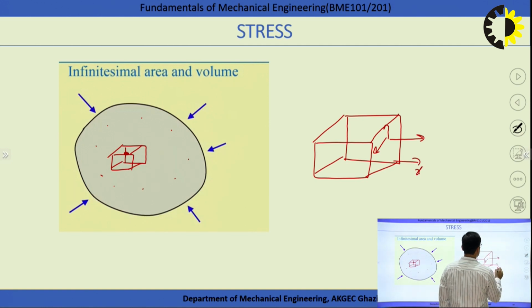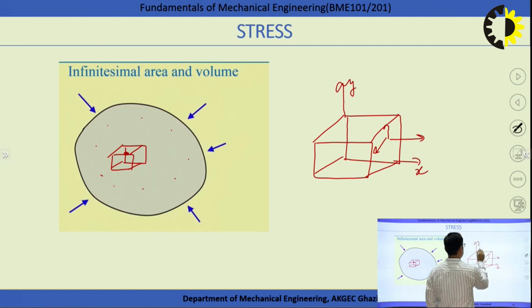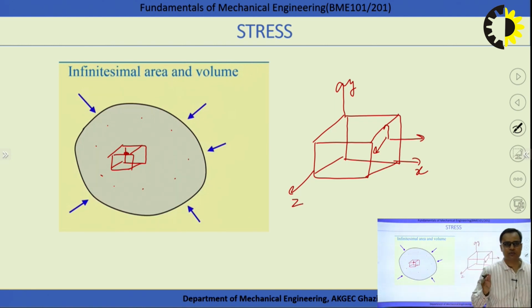Suppose this is the x-axis, this is the y-axis, and this is the z-axis. Every plane is subjected to 3 components of stress: one is normal, and the other 2 are shear components. Similarly I can explain it over this face and this face. This is the normal component and these are the shear components. In the same way I can explain another plane.